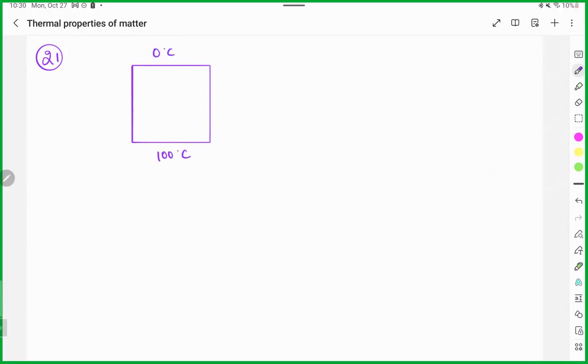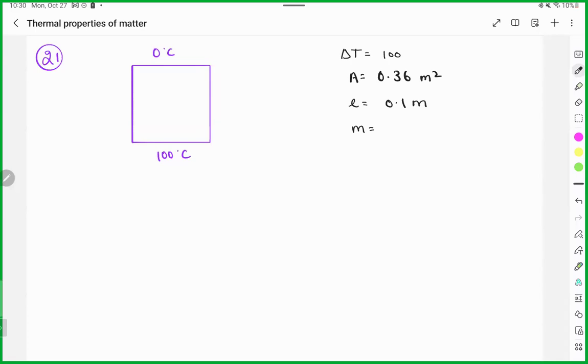So delta T in this case, the change in temperature, is 100 degrees, right? Then area of this slab is 0.36 meter square. Okay, area is given. Thickness, length is 0.1 meter. Correct.